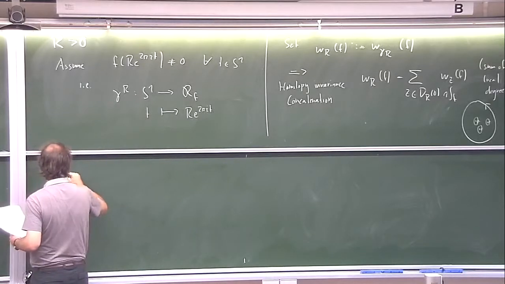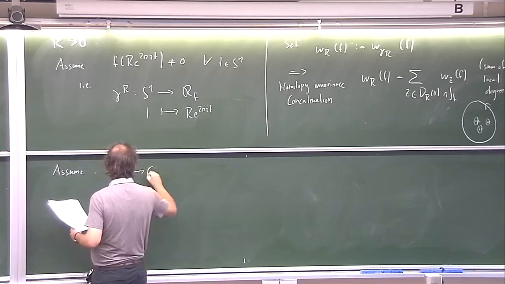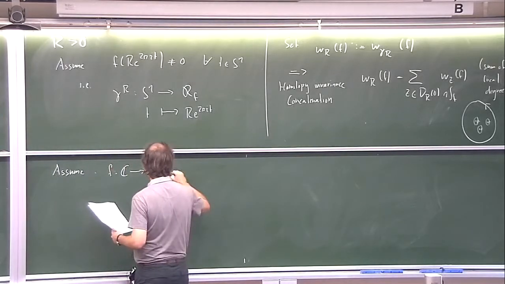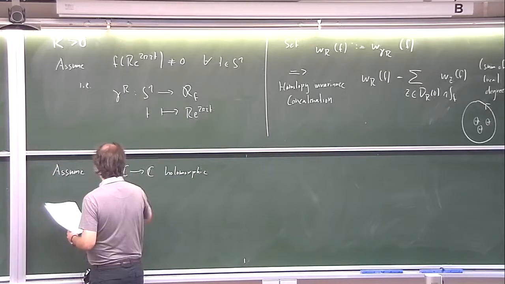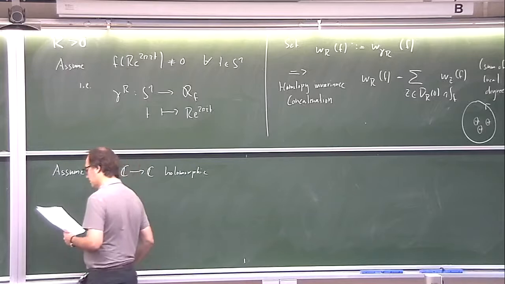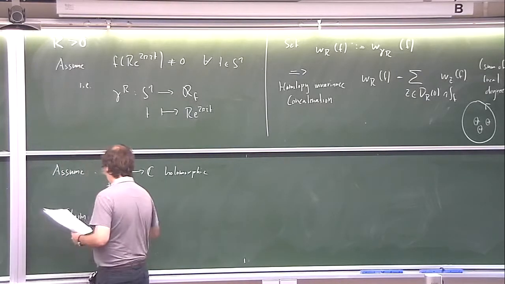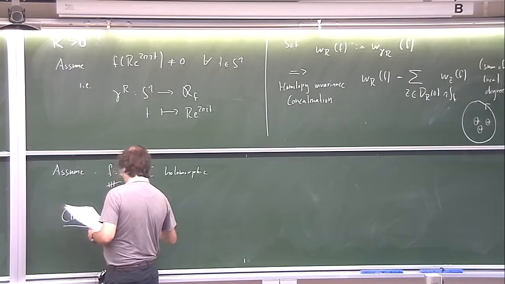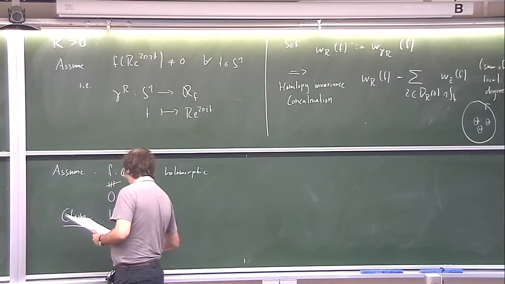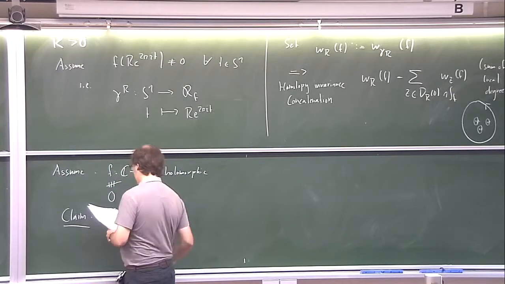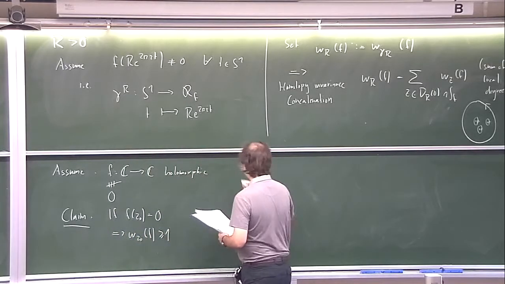So assume that f from C to C is holomorphic, and assume it's not identically 0. Then if f of z0 is 0, we have that this local winding number is always bigger or equal to 1.